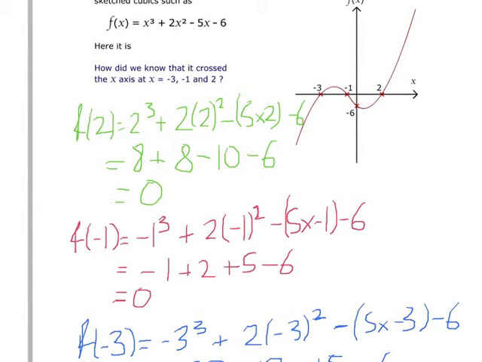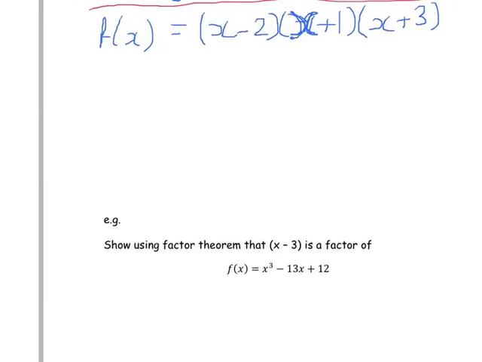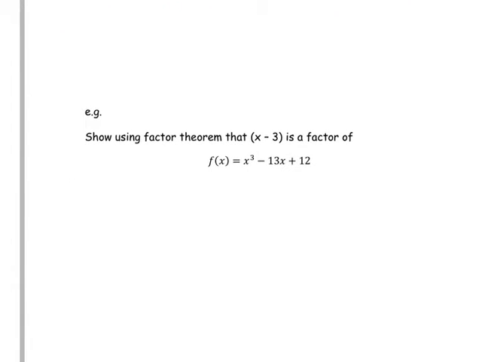So what does a typical exam question look like for factor theorem? Well, it is simply like this. It says show using factor theorem that x minus 3 is a factor of f(x) equals x cubed minus 13x plus 12. So that means that we're expecting the value of 3 to work in our equation and make the function equal to 0.